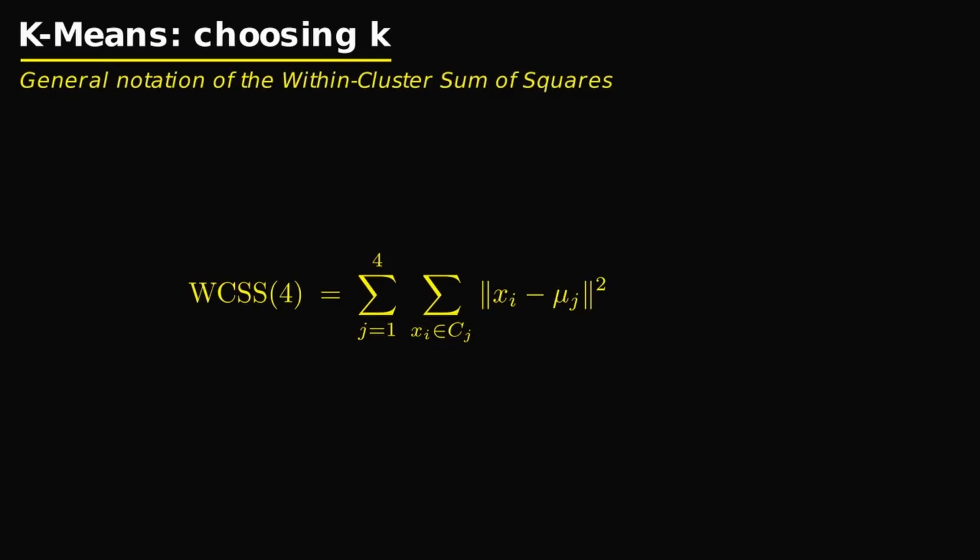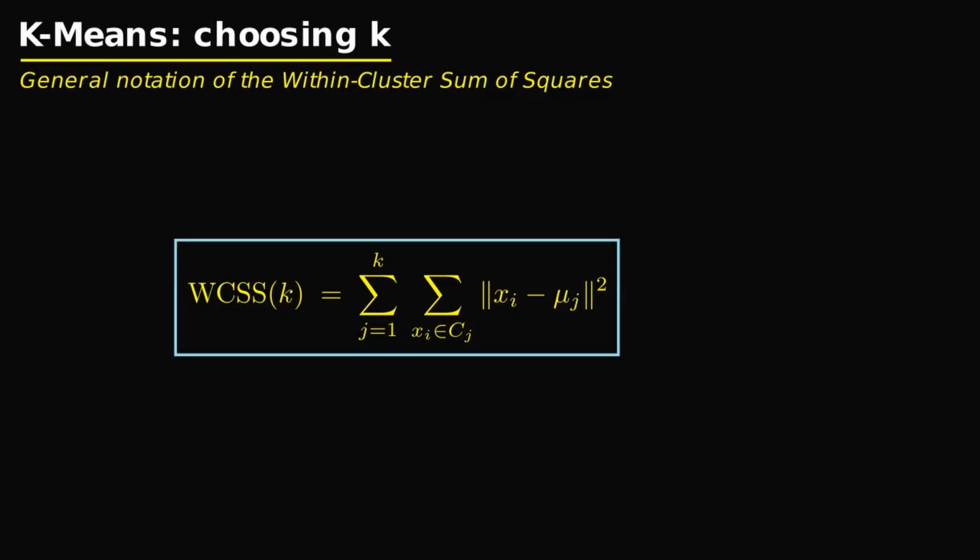So far, we have written the criterion for 4 clusters. But there is nothing special about the number 4. More generally, we write WCSS of k. This means sum over the clusters and inside each cluster, sum over its points. However, this notation still depends on the cluster sets Cj.